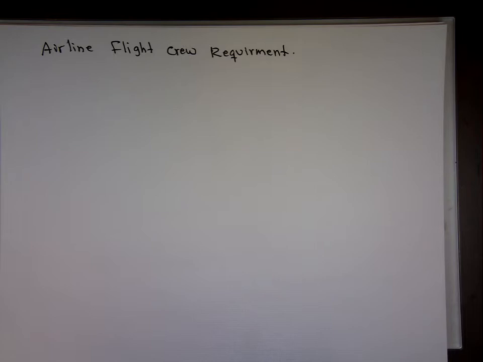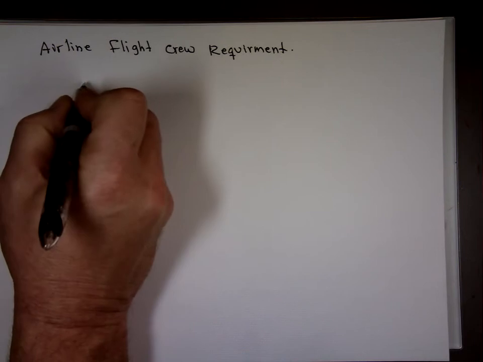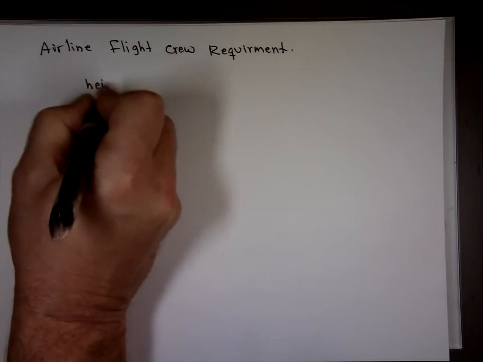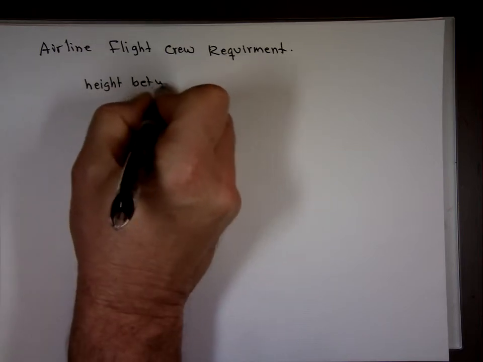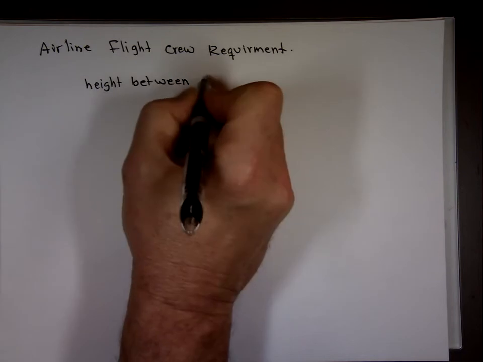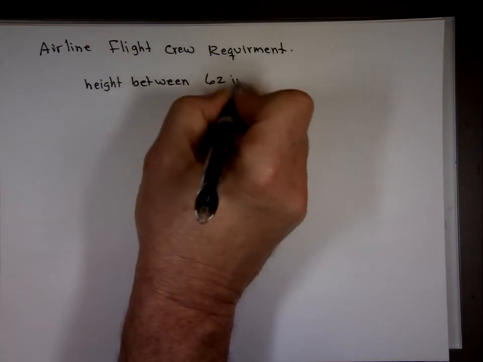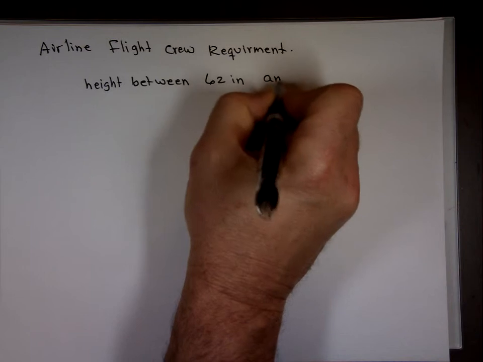It says British. Now this is a British airline, a commercial company. British Airways and many other airlines have a requirement that a member of the cabin crew must have a height between 62 inches and 73 inches.